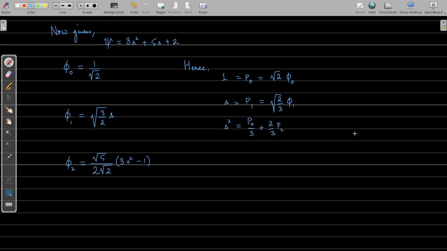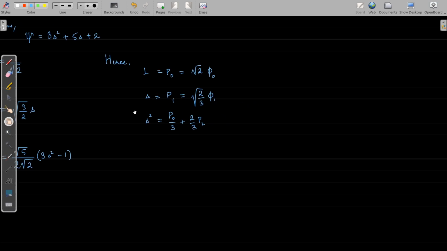If you evaluate, you'll get s square equal to root 2 by 3 into phi naught plus 2 root 2 divided by 3 root 5 into phi 2. Okay, so this is what we have.